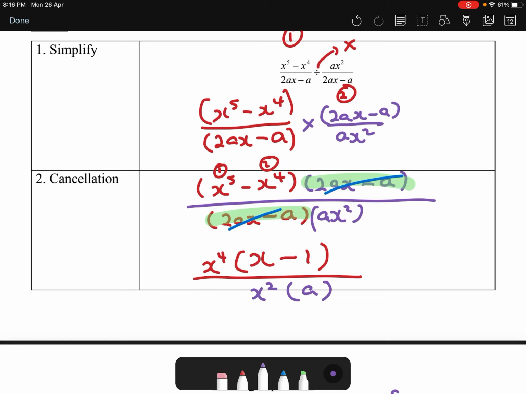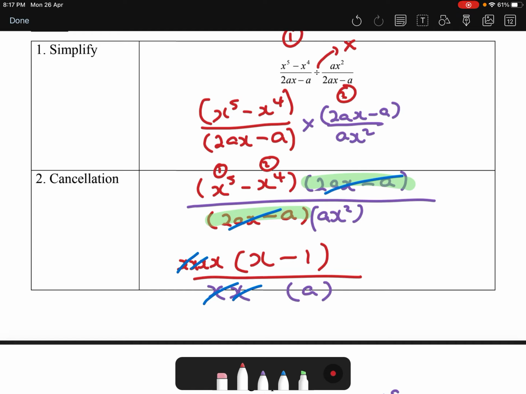So you see, we have something in common. At the top is x, x, x, x. At the bottom is x, x. So I must cancel away all the x that are common: I cancel out two of the x.